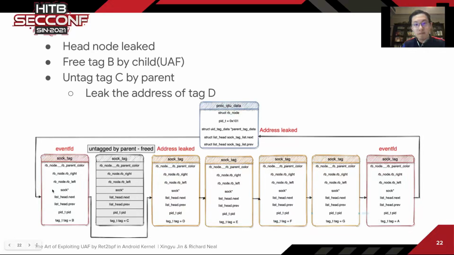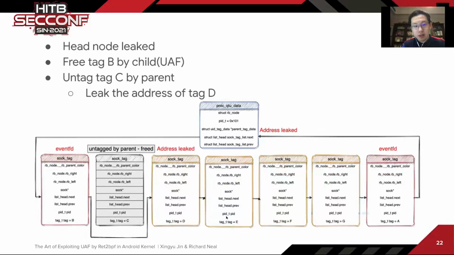Then free the next socket tag structure C, and because of the unlink primitive, the address of socket tag structure D gets leaked. Following this way, you can also leak the address of the list head. There are also three other tag structures, E, F, and G, in the linked list. We will talk about them later.